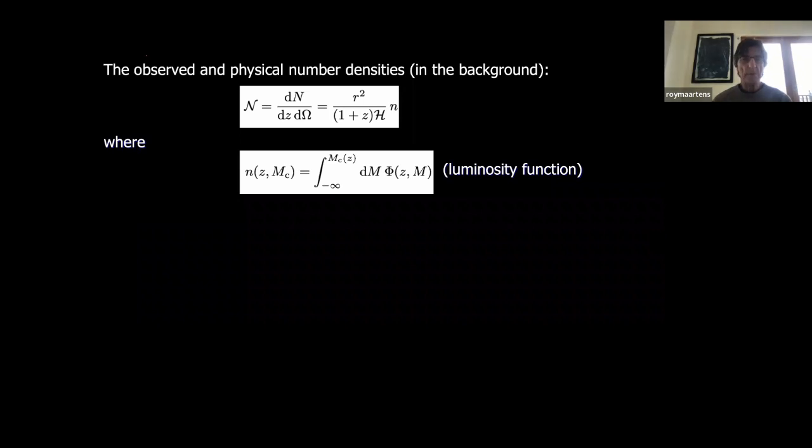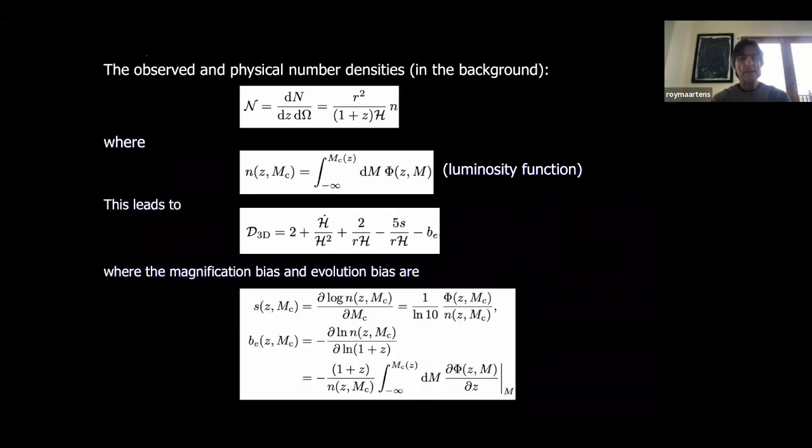And what about the physical number density n itself? Well, it is just the integral over magnitude of the luminosity function phi. So this is how we start to make contact with observational quantities, well, sorry, with observer quantities.